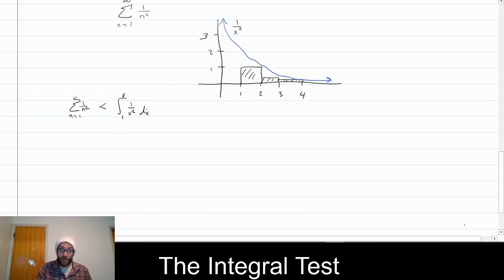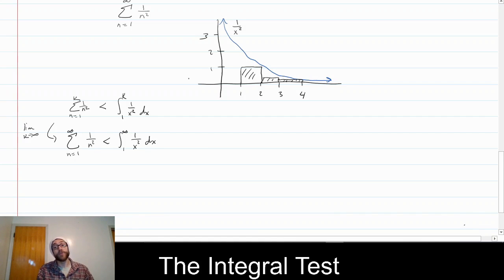And then when we pass to the limit, so now we'll take the limit as k goes to infinity, we'll see that the sum as n equals 1 to infinity of 1 over n squared is actually less than the integral from 1 to infinity of 1 over x squared dx.